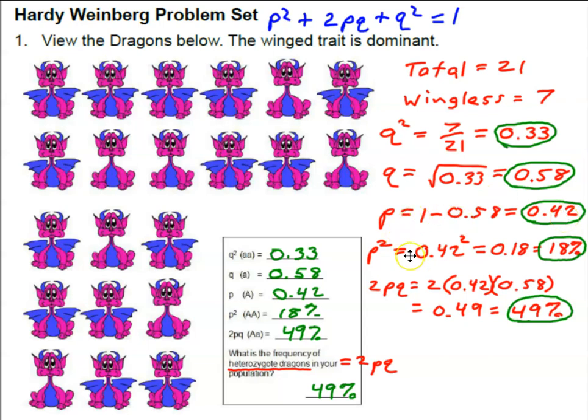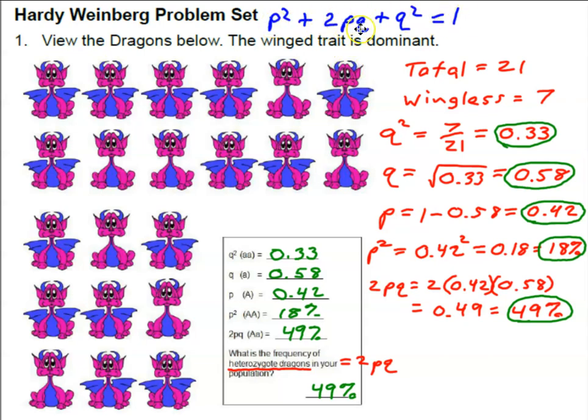So now that we have the allele frequency of both P and Q, we can not only calculate the genotypic frequency of the homozygous dominants, P squared, but we can also calculate the genotypic frequency of the heterozygotes. Remember, in the equation here, that's what 2pq represents.